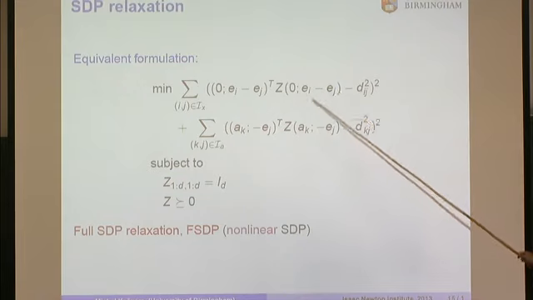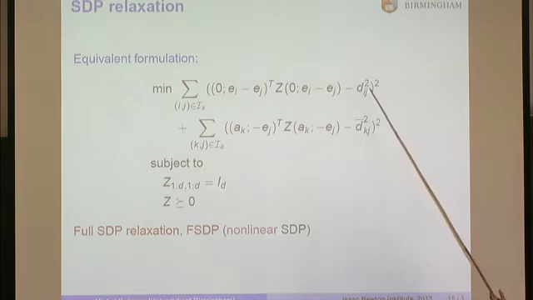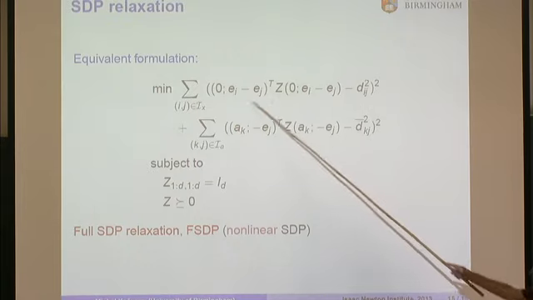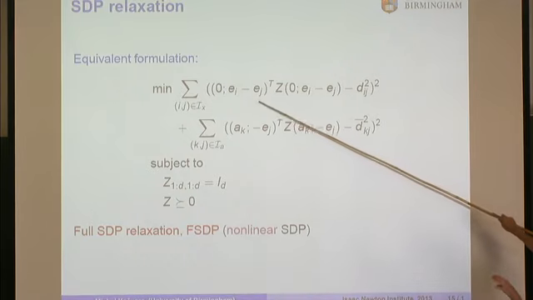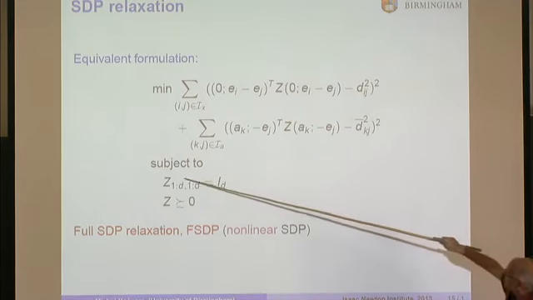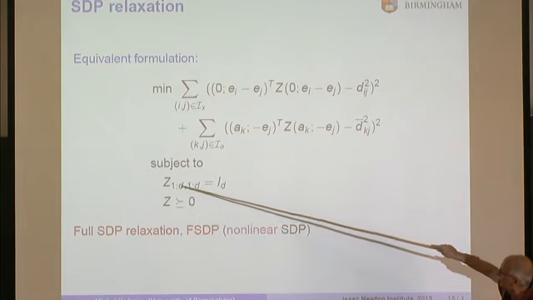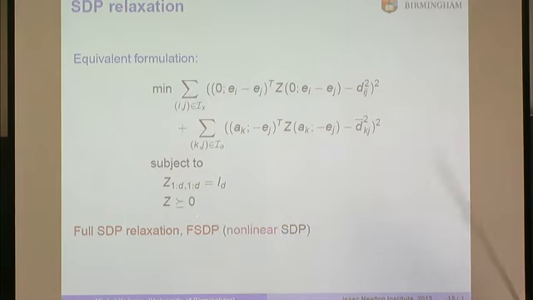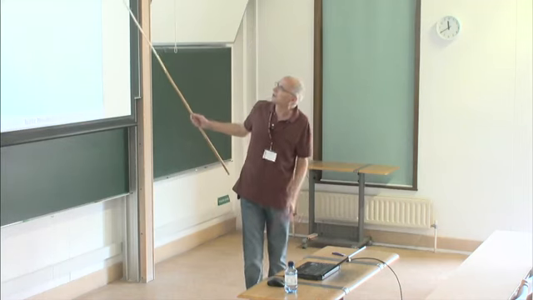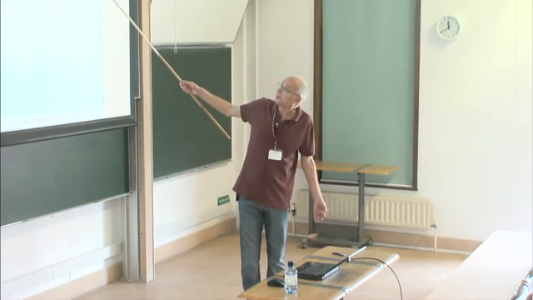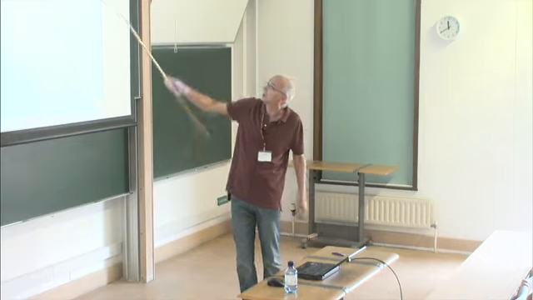Again, it's just the distance, the difference between the measured given distance and my distance, and the same for the anchors. So I want to drive this to 0, subject to these constraints, the relaxed constraint, and I know just a part of that Z. So that's equivalent to the other problem, but now it's not a linear SDP, it's a nonlinear SDP because we have the square here.